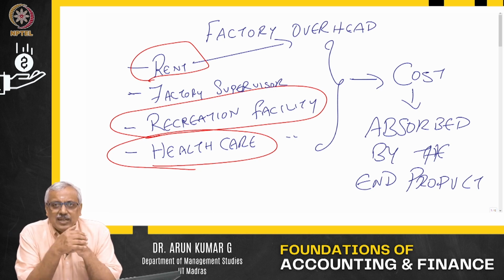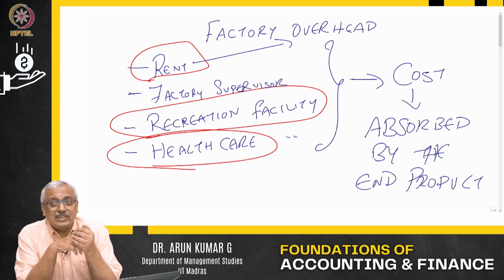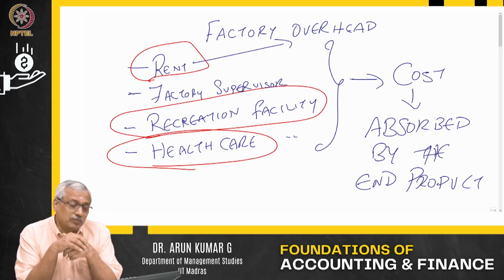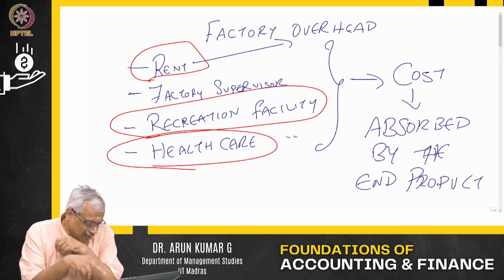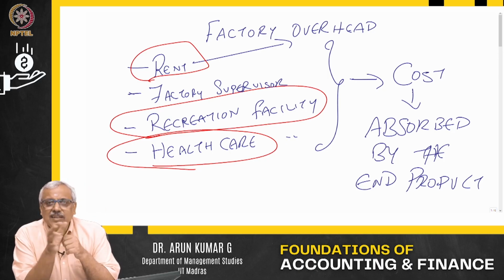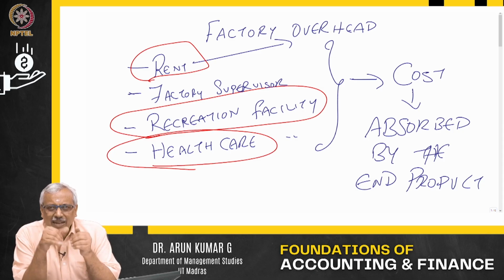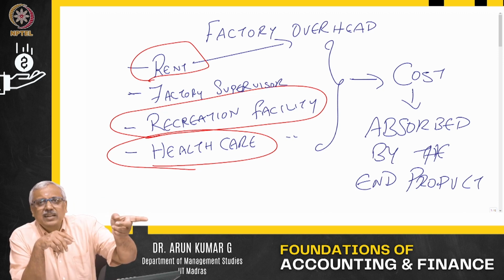Then you go back and say no, I will refine it, I will divide the recreational facility on the basis of the number of employees that each product is taking. Beautiful. Then if you adopt the same thing for healthcare, one of the other product managers will say, though the number of employees looks very good, the employees working on my product are relatively younger, they don't need much healthcare, whereas the employees working on a legacy product A are all very old, might need more and more healthcare.